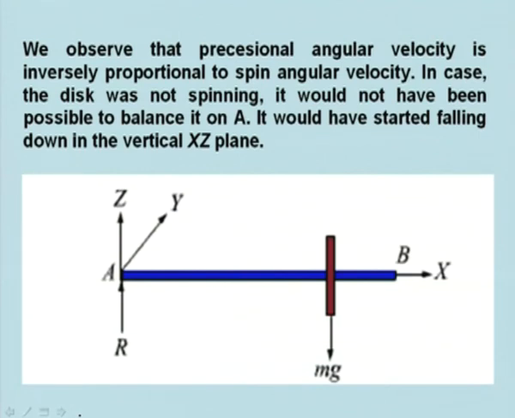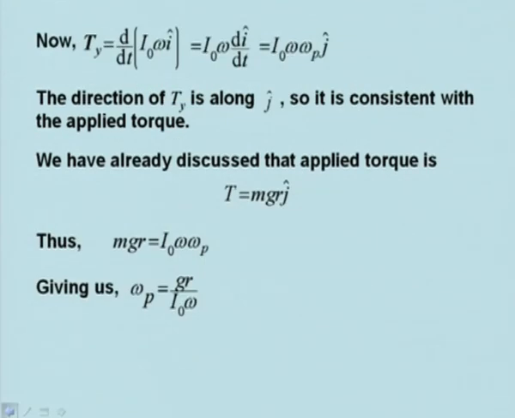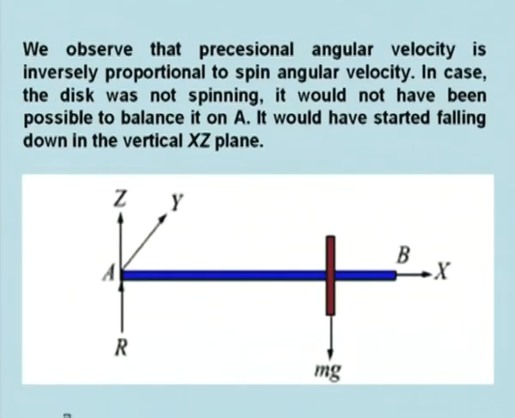That means if the rotor is spinning at a very high speed, then it will not precess that fast. So spin provides some sort of stability. You require more torque to precess it.